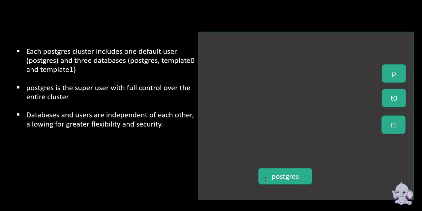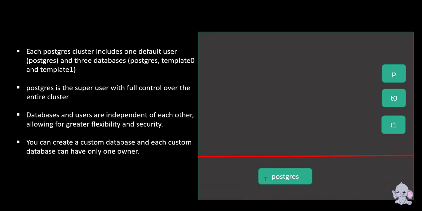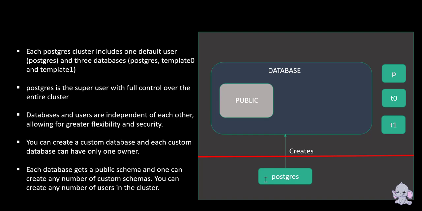Databases and users are independent of each other. You can create a custom database, and each custom database can have only one owner. Each database gets a public schema, and one can create any number of custom schemas. You can also have any number of custom users in the cluster.